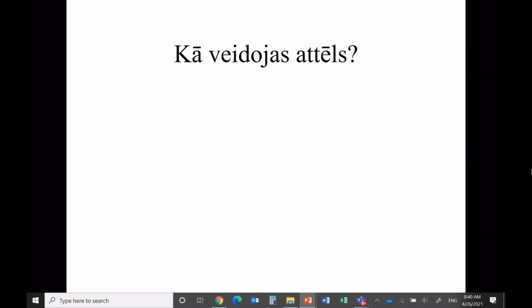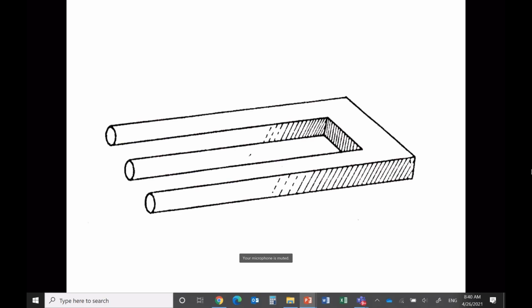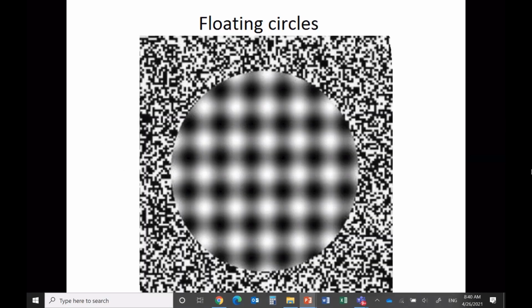So now let's go to optics to understand how the image is provided. What do you see here? Have a look attentively. You see the image may be changed depending on your willingness. Have a look next. You see a slightly moving picture.